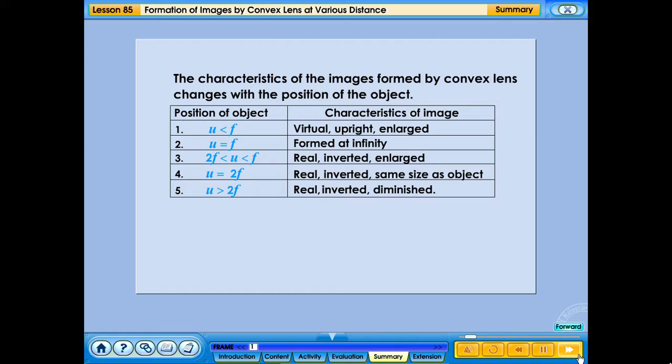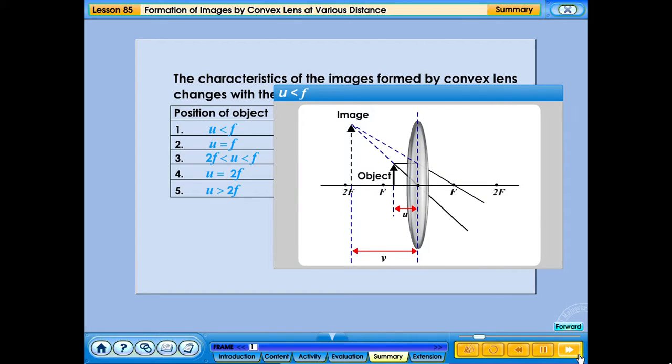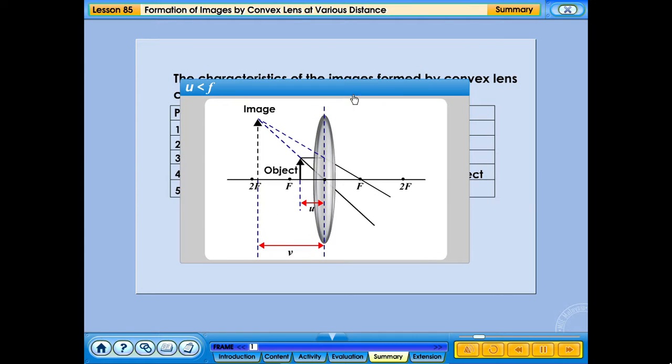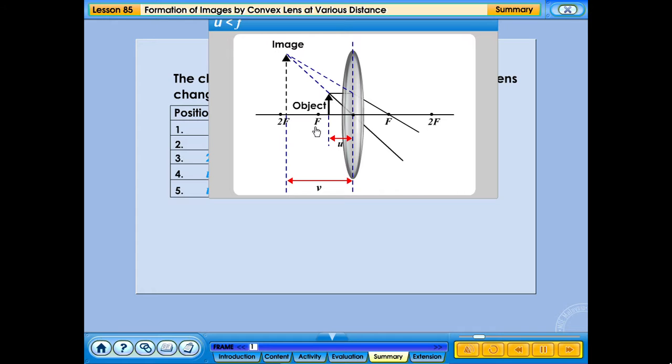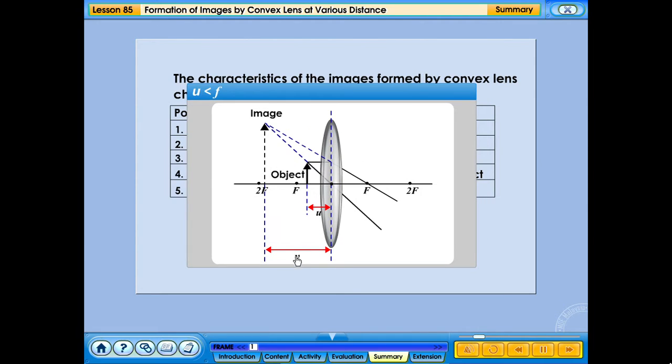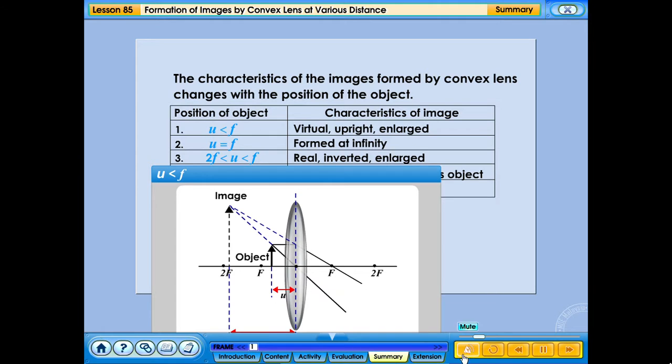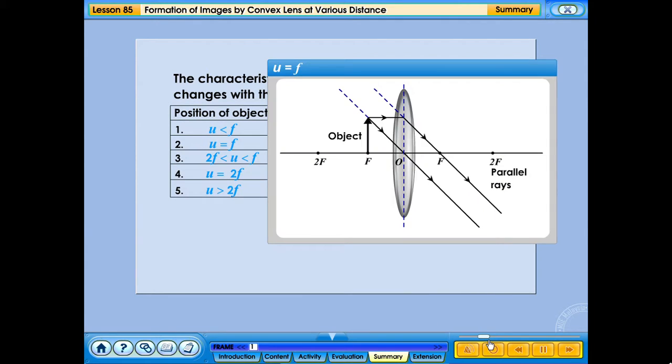If U is less than F, the image formed is virtual, upright, enlarged. 2. Formed at infinity. 3.